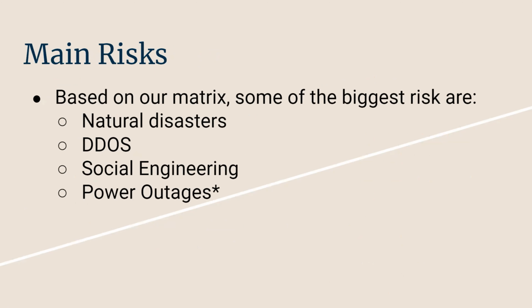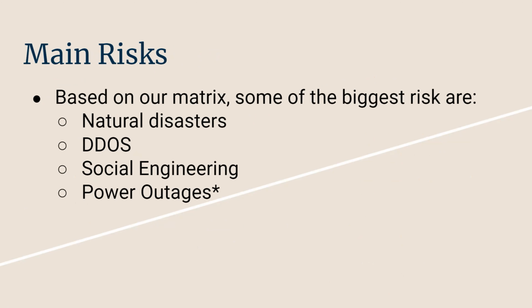So some of our main risks are addressed in the matrix that we created, and some of the risks I've seen are natural disasters such as severe winter storms and thunderstorms, and DDoS attacks, which are performed easily on the AT&T servers.